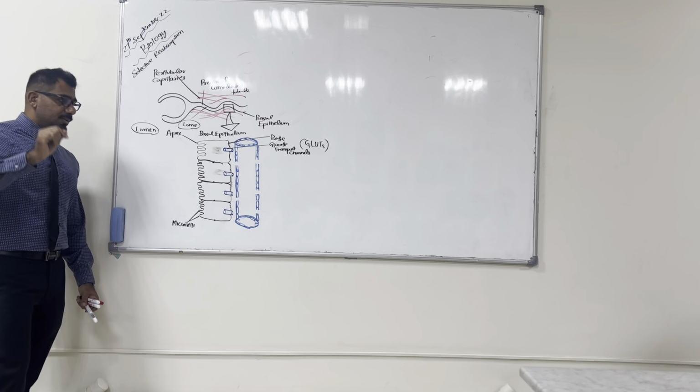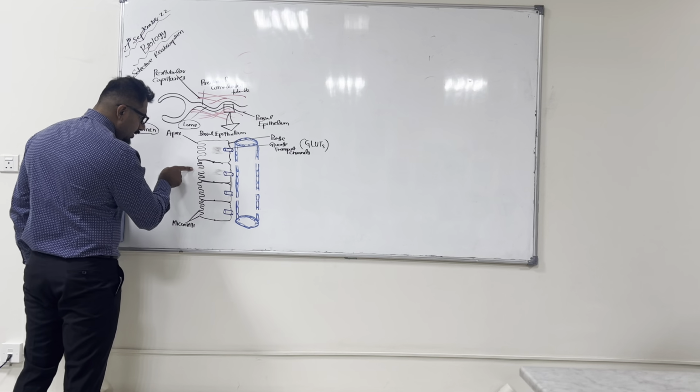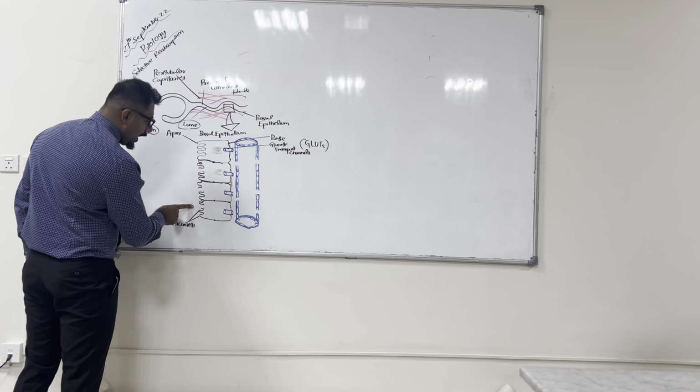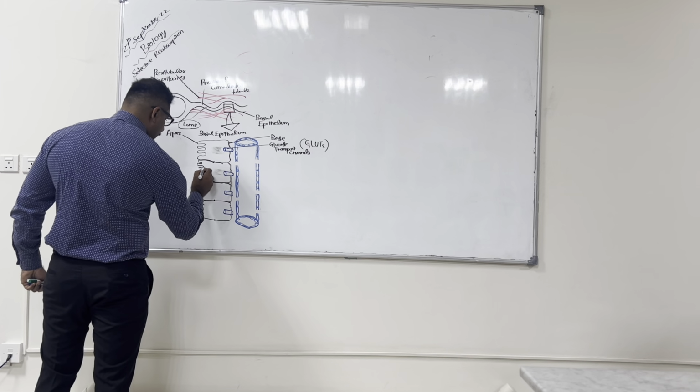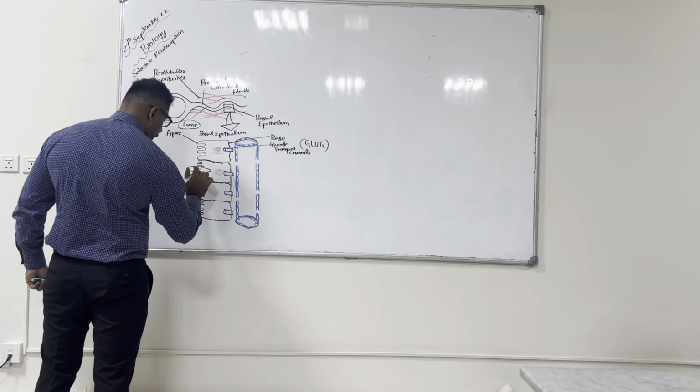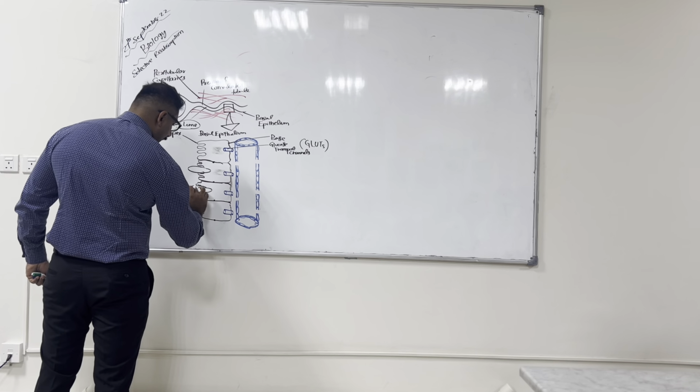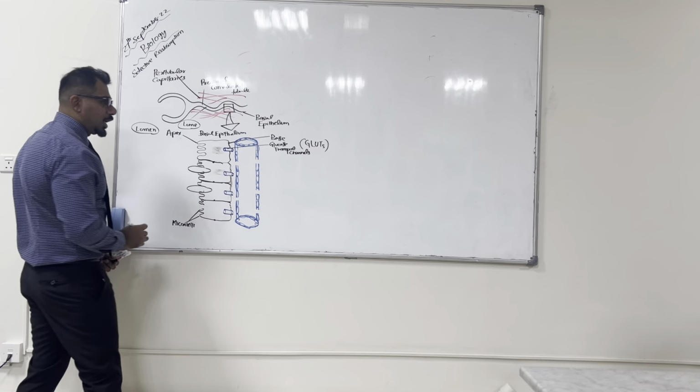And we also discussed that over here, what is present? Co-transporters are present. Do you remember this or not? So over here, we have co-transporters. And I told you guys that there are 2 types of co-transporters.